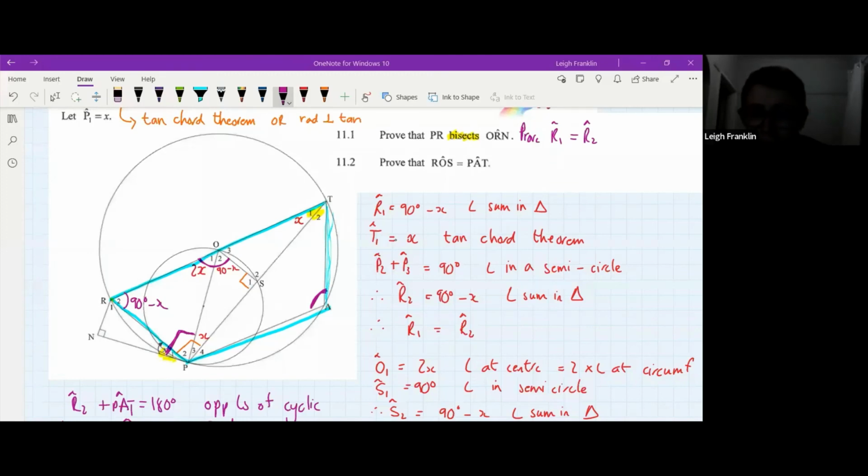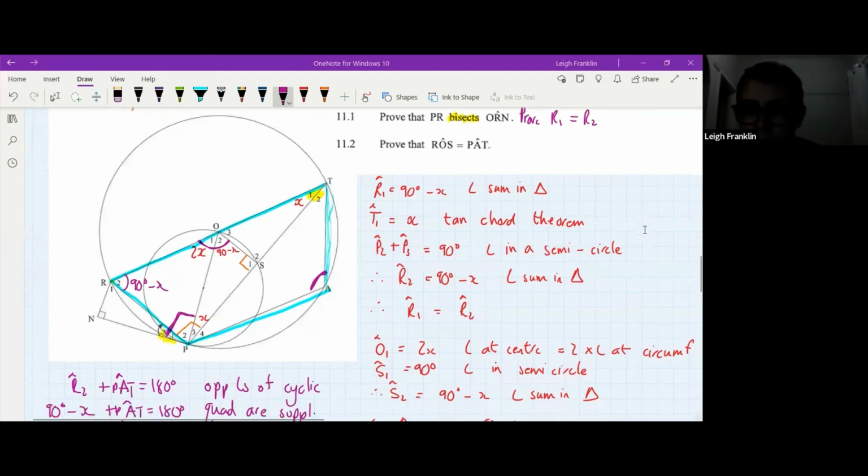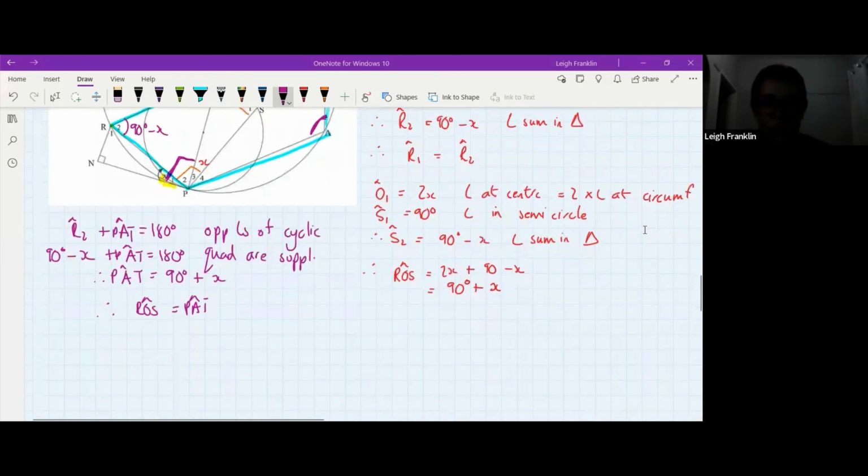Ma'am, there is minus x and plus x in the answer. But remember, when you take something over to the other side, it's going to change its sign. So I'll go down a bit. Here, if you have a look, I'm saying that ROS is 90 plus x.